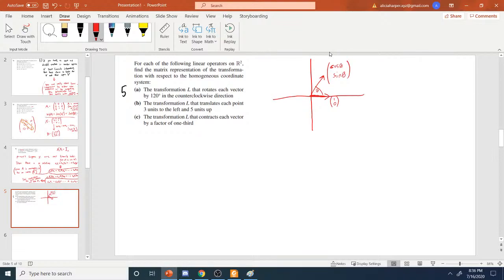So if we want to rotate 1, 0 by 120 degrees, let's see, I'm going to do an A here first. That means I'm taking the vector 1, 0, and rotating through first 90 degrees, and then an extra 30, like this, to get a vector like this.